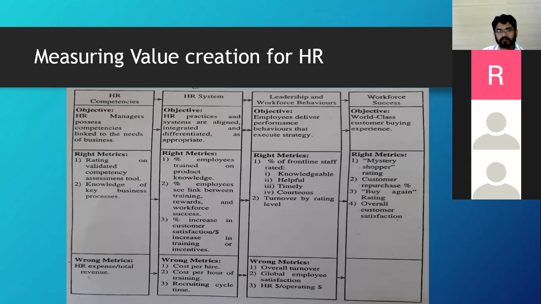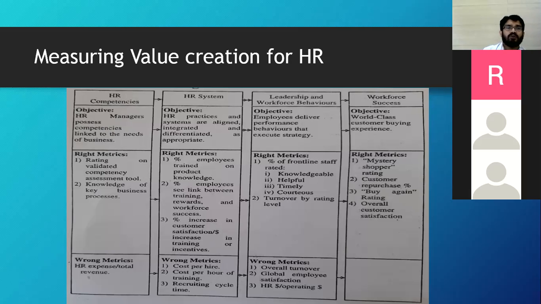Whether the system of training is really helping you achieve customer satisfaction: after the training was provided, how many customers were satisfied, so customers satisfied per training incentive. Here we are talking about the various systems, whether related to training or to the reward system, etc.